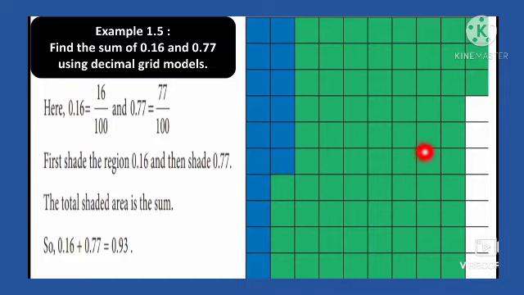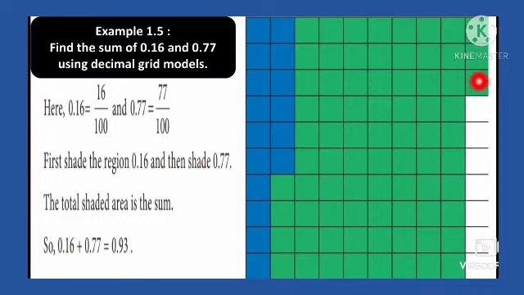So totally, when we add 16 by 100 and 77 by 100, we get 1, 2, 3, 4, 5, 6, 7, 8, 9. So 9 columns, which means 90.